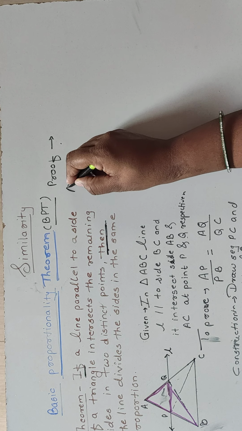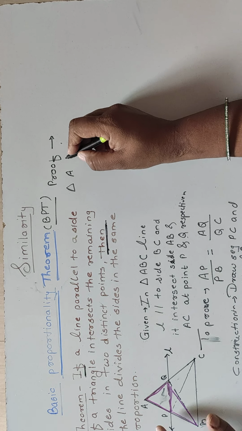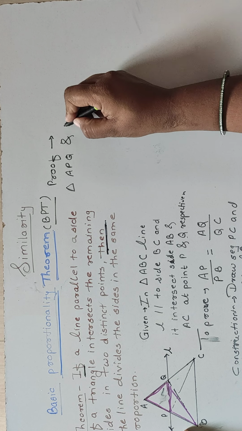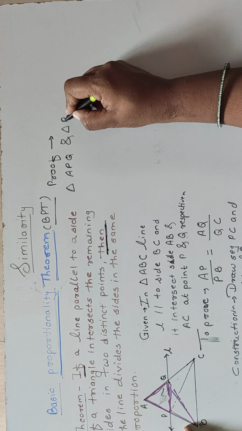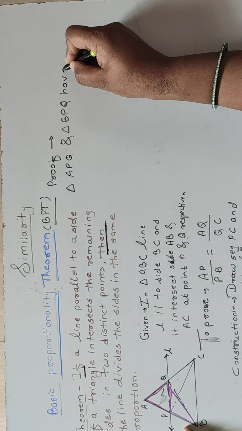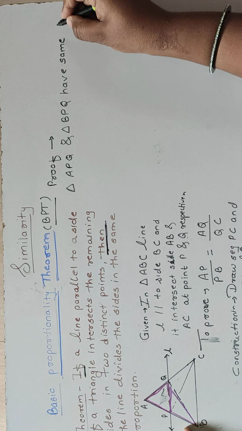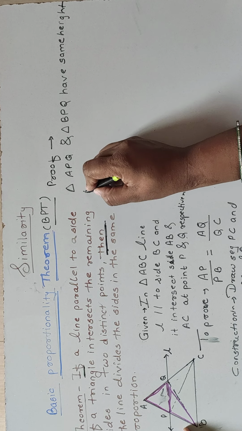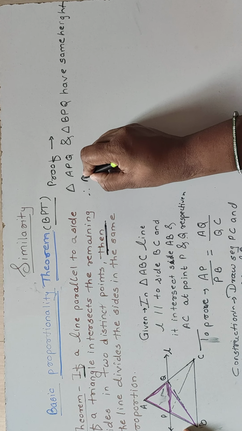So first, triangle APQ and triangle BPQ have, as we just saw here, the same height. Therefore, as we know, if the height is the same, the ratio of areas is proportional to their bases.